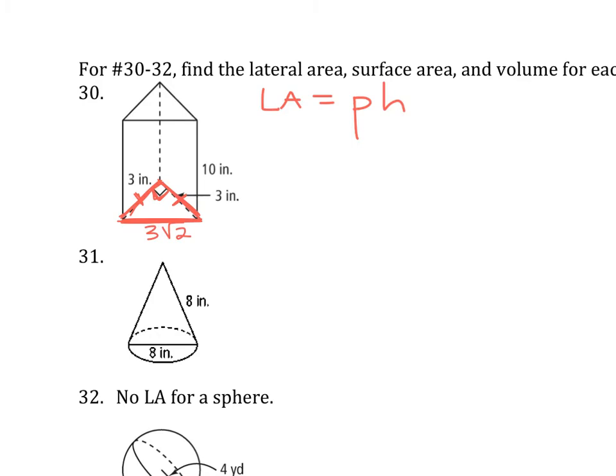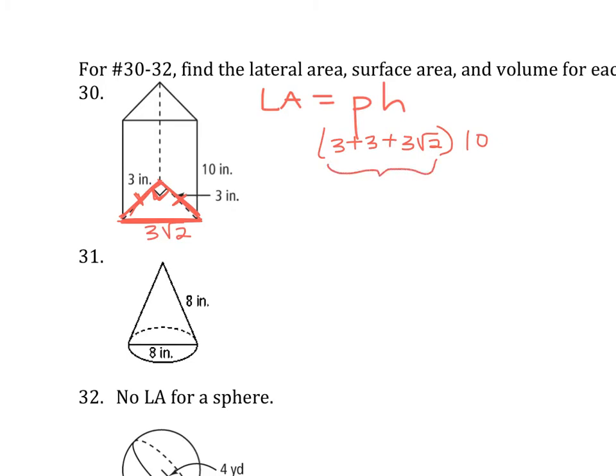Okay, so for P, you are doing 3 plus 3 plus 3 rad 2. Okay, what's H? 10. Okay, so you need to simplify this and then we can multiply.